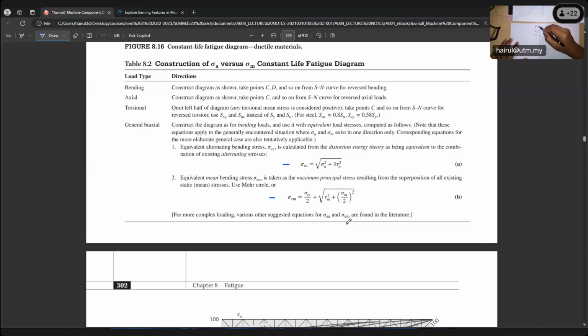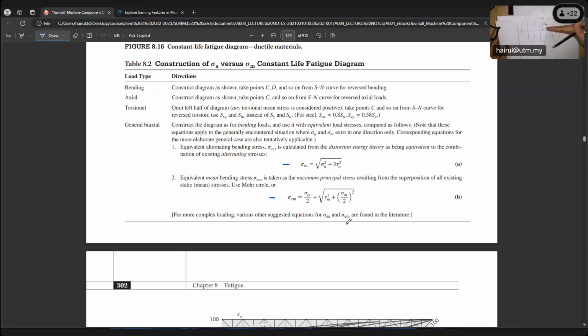Sigma ea, if you go for very high sigma e alternate, it cannot go more than the Sn value, right? But sigma em, the limit is Sut.